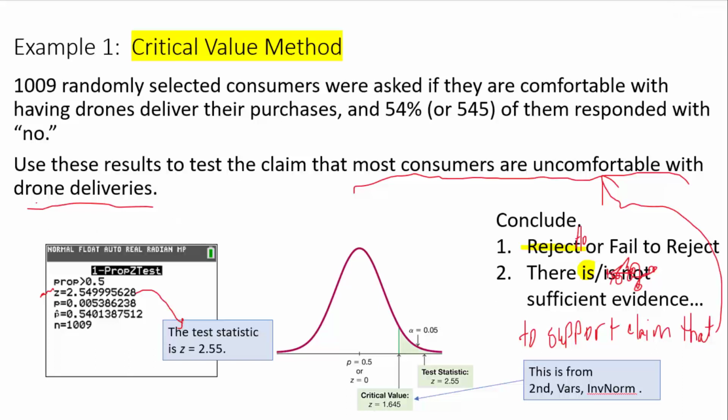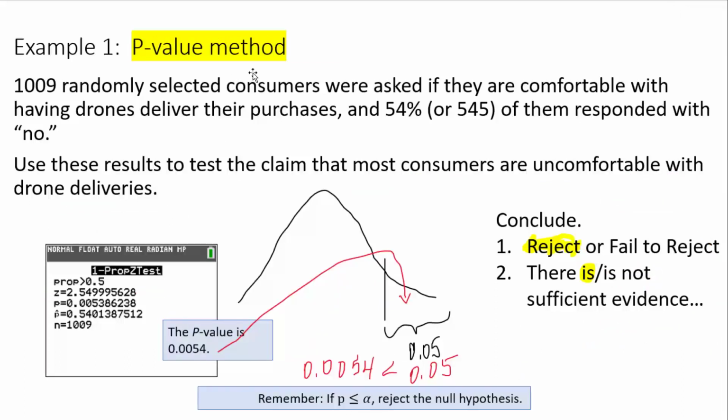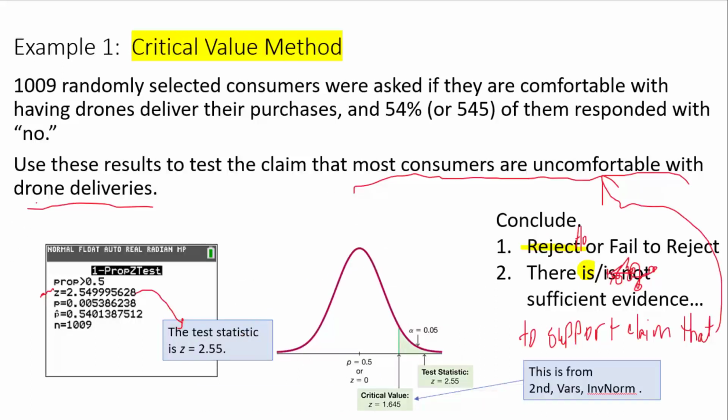So we did the p-value method. P is less than 0.05, so we needed to reject the null, reject H sub 0 because we are going to support the claim. That's the exact same thing we get from the critical value method.